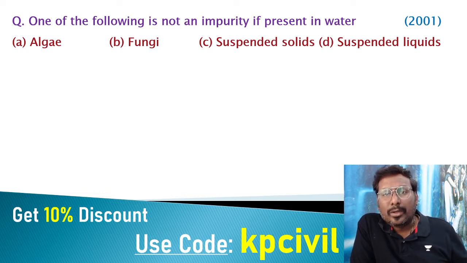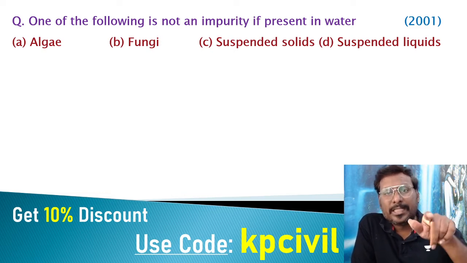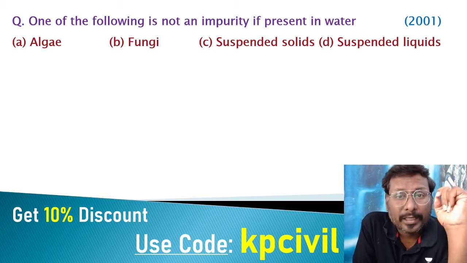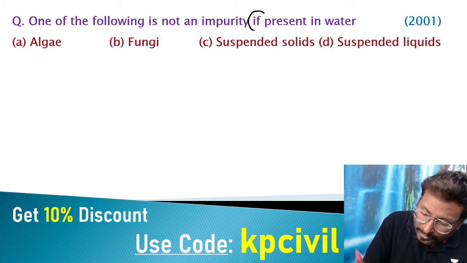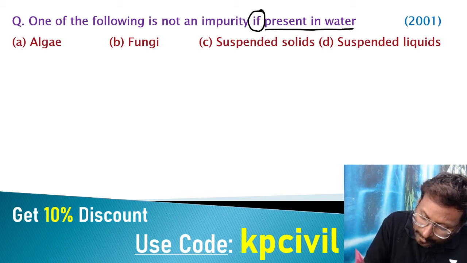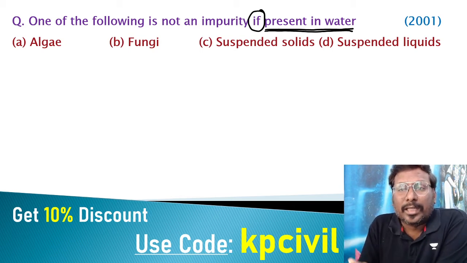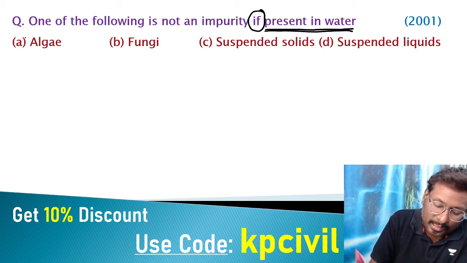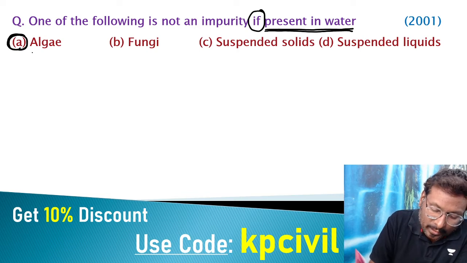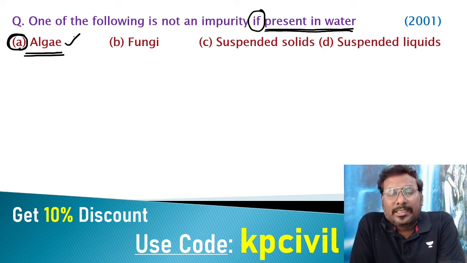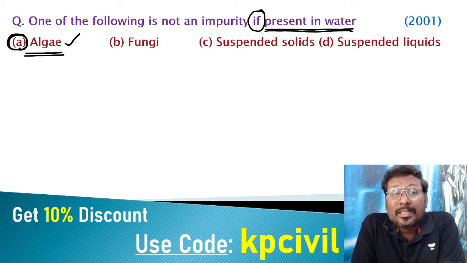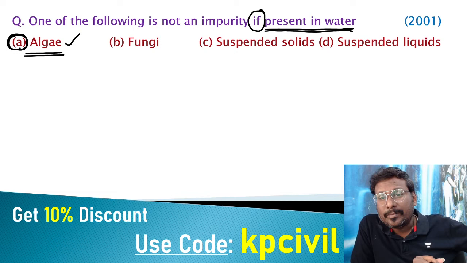One of the following is not an impurity if present in water. Please read this properly. If it is present in water, but still it is not an impurity, most complicated question. That is algae only. Algae does not cause any harmfulness to water other than color. Algae is just a weed, a microorganism, harmless, not causing any kind of disease.